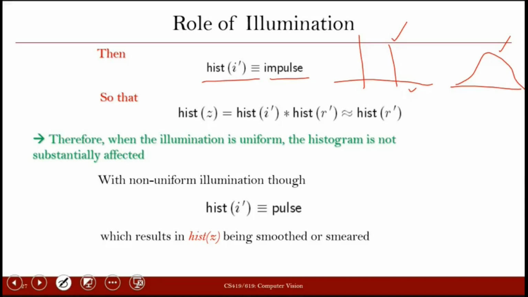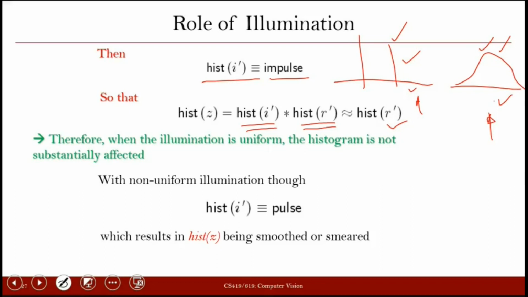So we can very easily visualize that if you are convolving the histogram of R prime by the histogram of I prime, we will get more or less the same histogram. If you convolve this image by this histogram, the output is going to be very similar to this histogram, because this is just a peak.